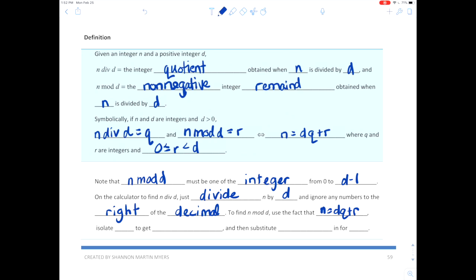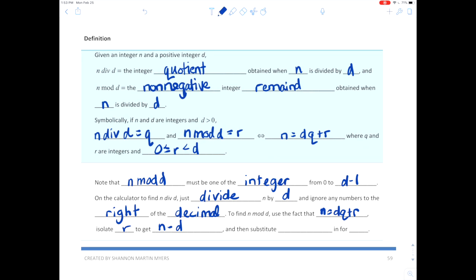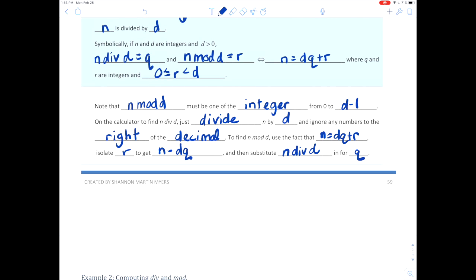Isolate r to get n minus d times q, and then substitute in n div d for q. All right? So at the end of the day, you would get r is also equal to n minus d times n div d.